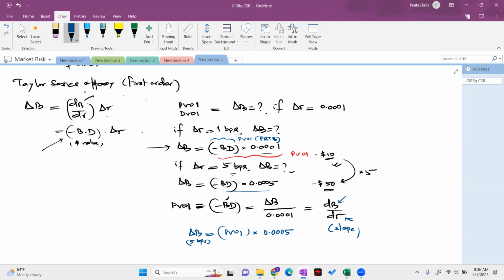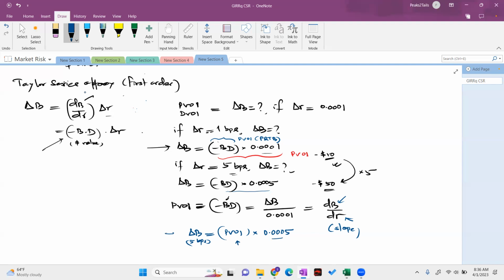But this PV01 itself depends on the current term structure. Tomorrow, the PV01 will be different. Day after tomorrow, the PV01 will be different because your maturity is changing, interest rates are changing. So every day when you want to calculate delta B, you should take the fresh sensitivity from the front desk, which depends on the current dynamics, current residual maturity, current interest rate. But for delta B calculation, you don't have to calculate 5 times.